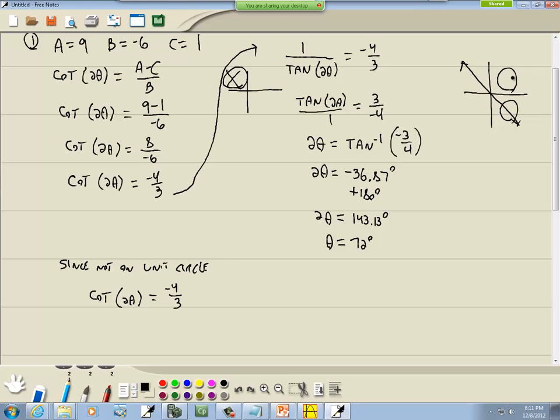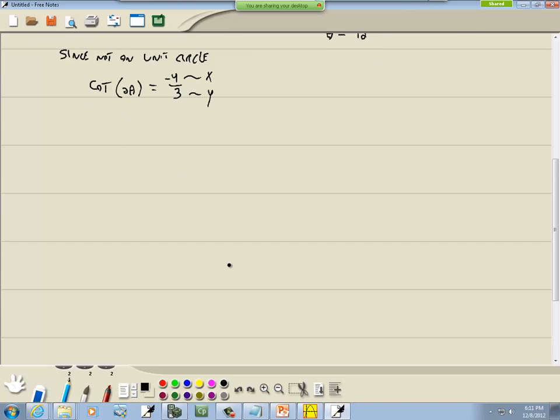Now theta is over here. Theta is 72 degrees, so theta's over here, but 2 theta is over here. Well, then remember cotangent is x over y, so this is x, and this is y. So we're going to use our x, y, and r formulas.